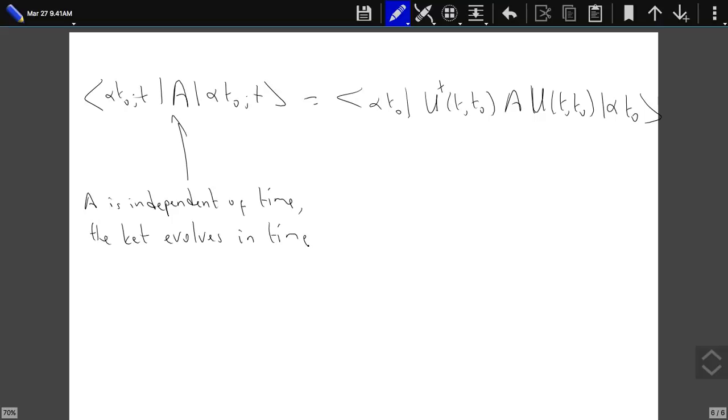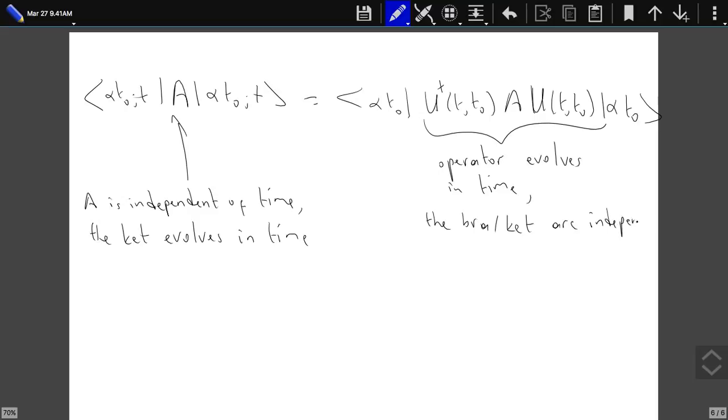If you look at the right-hand side, here we have this operator. That operator evolves in time, whereas the bra and the ket are independent of time.